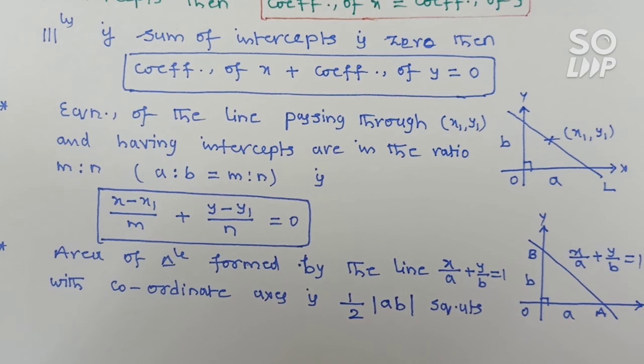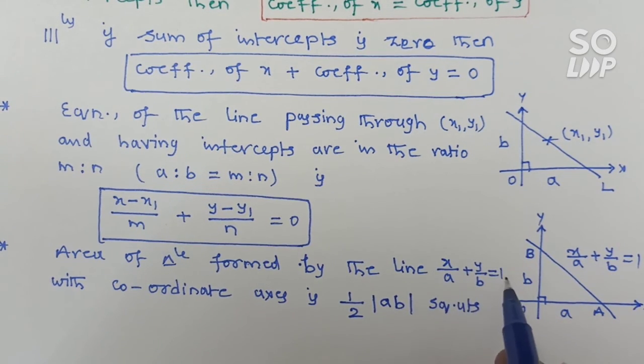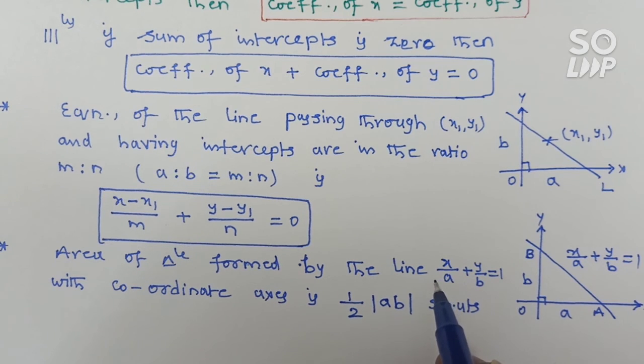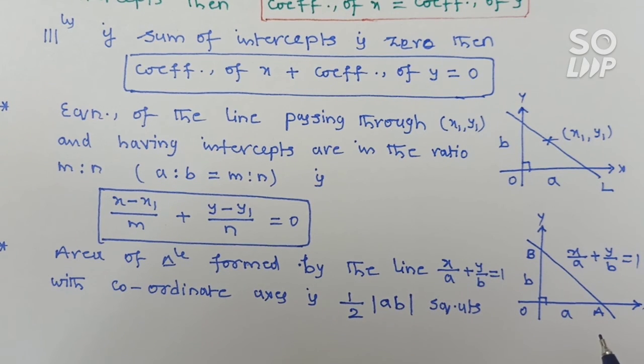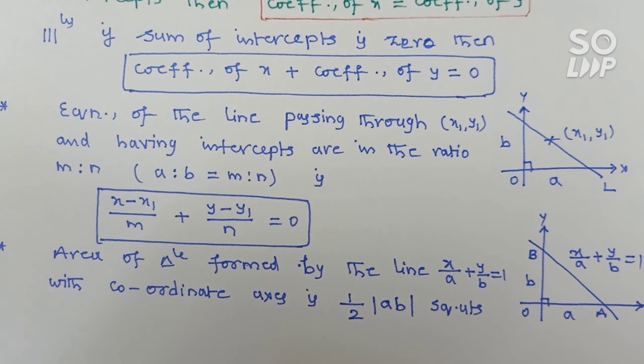Now similarly, instead of this equation, if we take the line in the form of ax plus by plus c is equal to 0, then what is the area of the triangle? We'll see that formula.